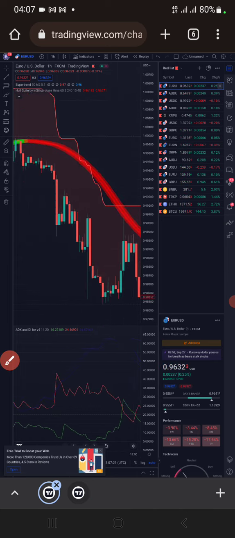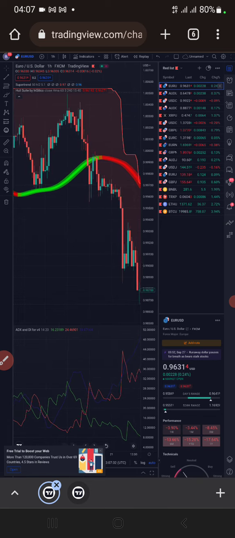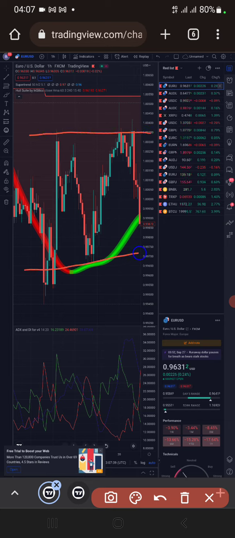Now as you can see, when the market is in a range, like here, from this range to this range, not moving upward, our purple line is moving down. Our purple line is moving down, and it started moving up from here.